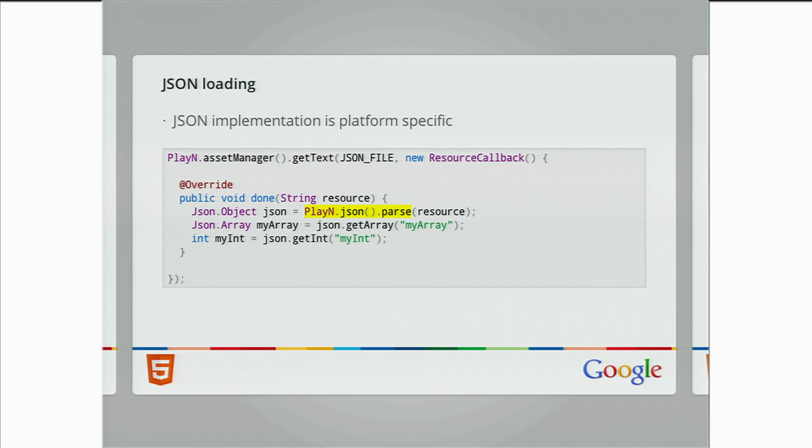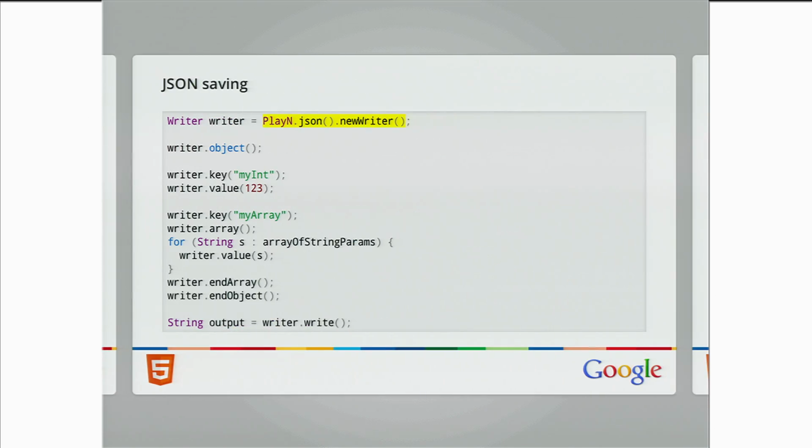And then for sort of heavier weight stuff, all these different platforms have different JSON implementations. So you can hook into those through PlayN's JSON exposed layer. In order to get to that, you just say, hey, PlayN JSON object, parse this resource object. It will then give you this JSON abstraction, which is easy to read. Writing is similar.